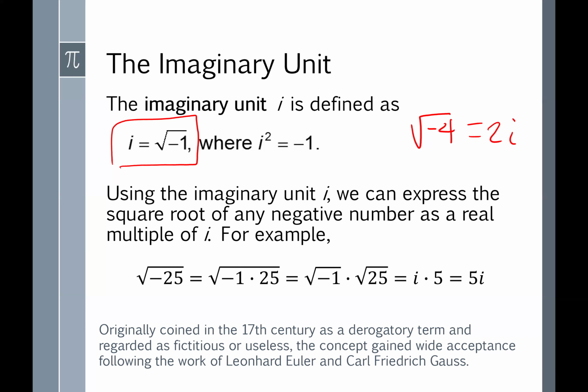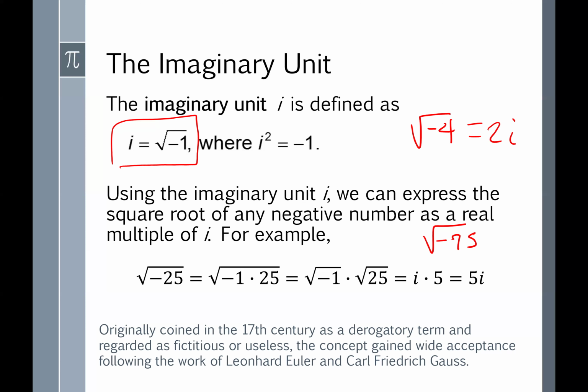It's the imaginary unit. Using the imaginary unit i, we can express the square root of any negative number as a real multiple of i. I'm going to cheat and tell you that if it is a perfect square, your calculator can do this. What it can't simplify is something like the square root of -75, because your calculator doesn't simplify radicals. But it can take the square root of -16. So the square root of -25 is the square root of 25 times the square root of -1.